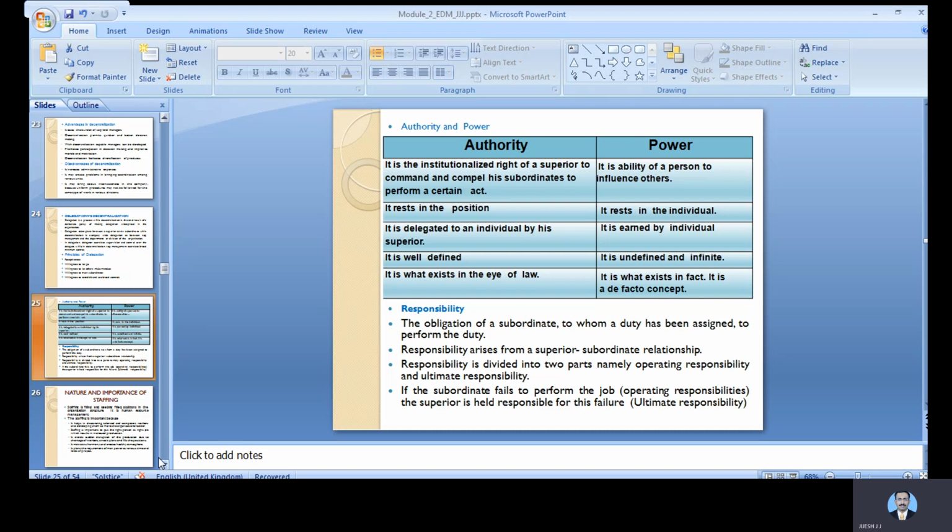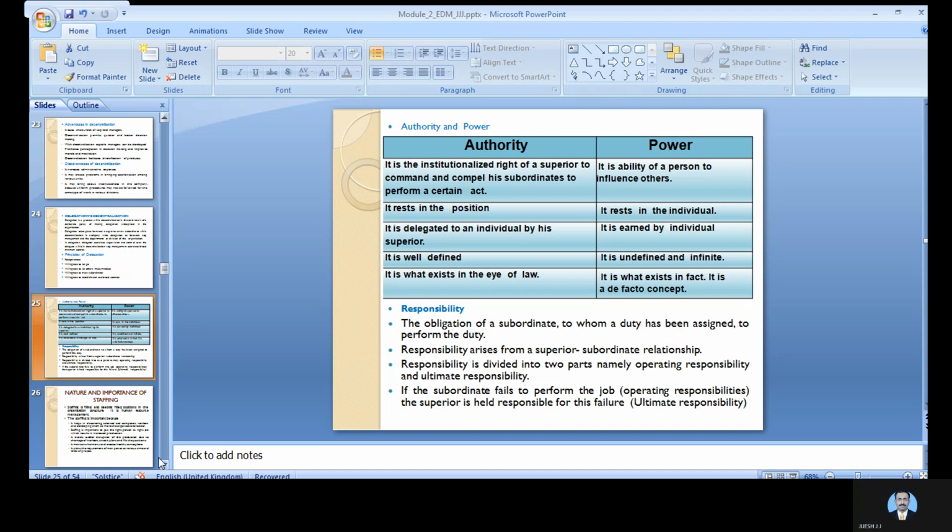It is the power of a position, and it is delegated to the individual by his supervisor. It is well defined, and it exists in the eye of the law. All these things are authority.